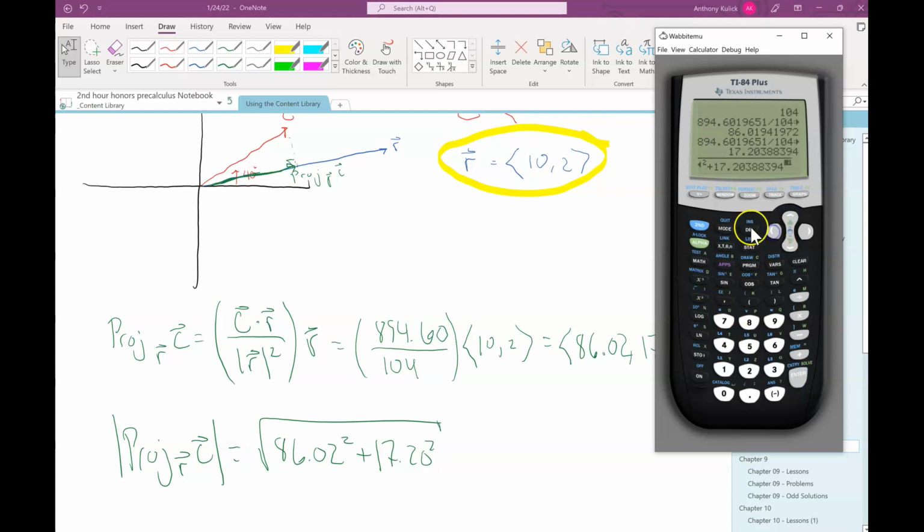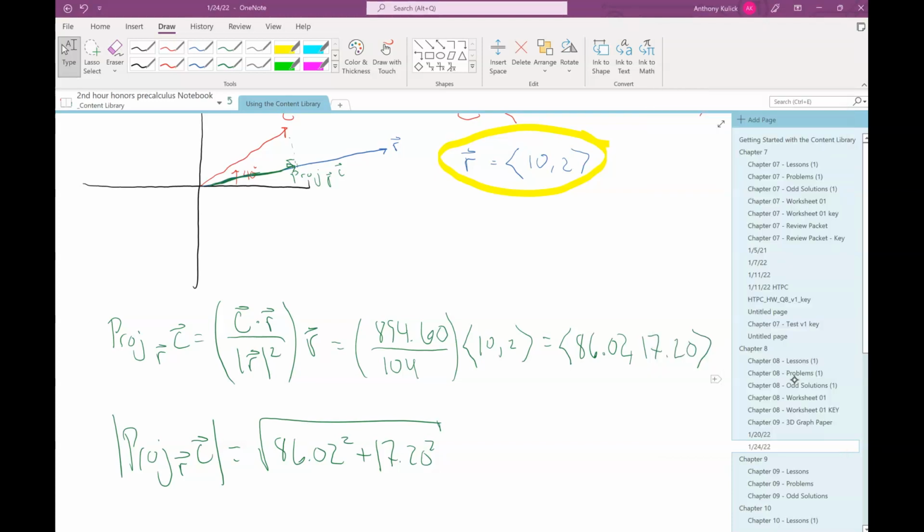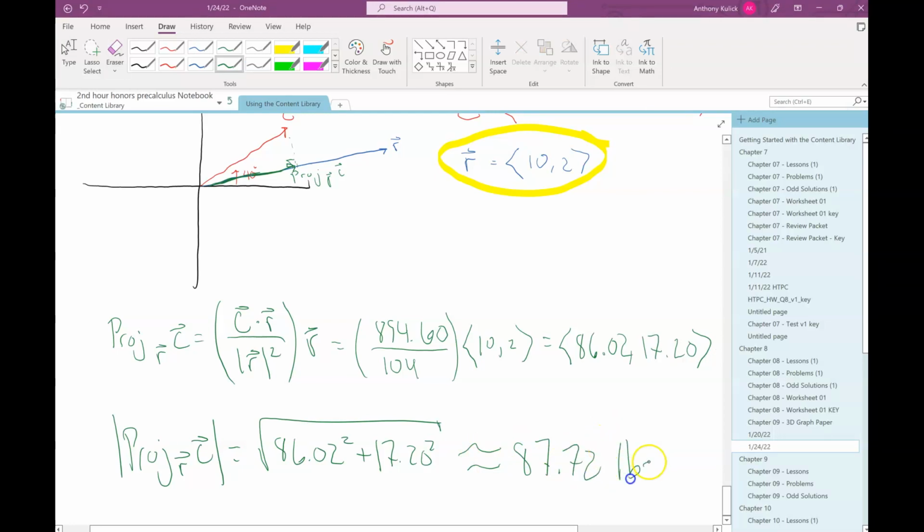Oops. And I get 87.72 pounds up the ramp.